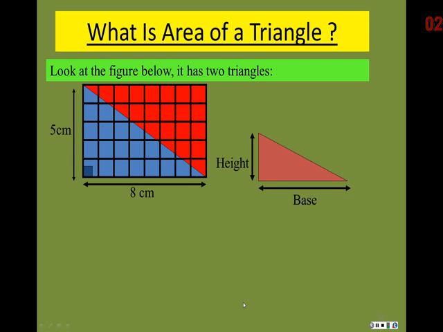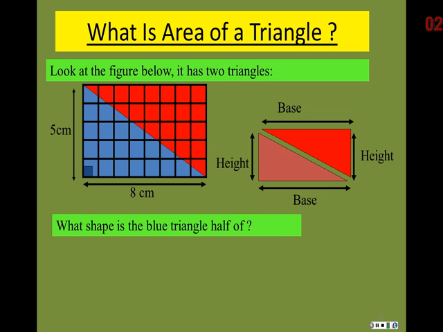Now, if I pull out one of the triangles, I know that it's half of that area. And what would that be? 20. 20 what? Centimeters squared. So I want you to know this. I don't care what kind of triangle they give you.